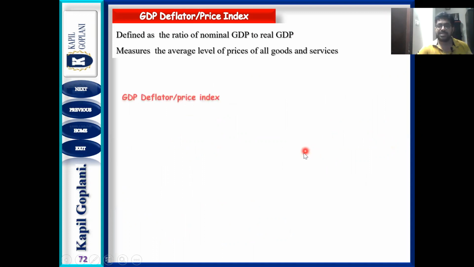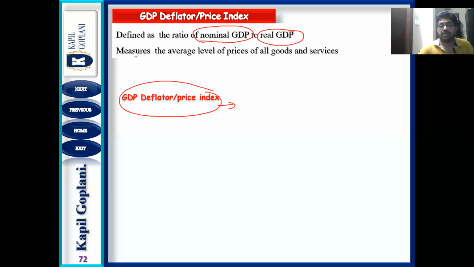Now here comes one more term, that is GDP deflator, as well as the price index. Now what is the deflator? It is defined as the ratio between nominal GDP and real GDP. If you take the ratio of nominal GDP and real GDP, whatever you get will be known as the GDP deflator. It measures the average level of price of all the goods and services. Let us understand with a simple example.